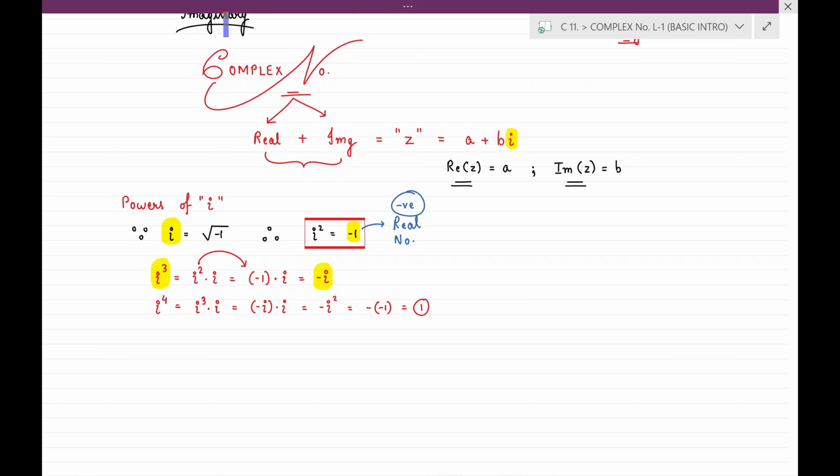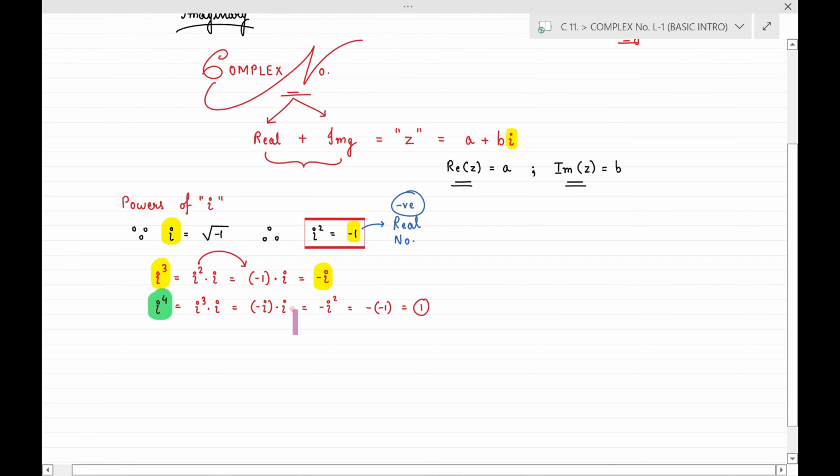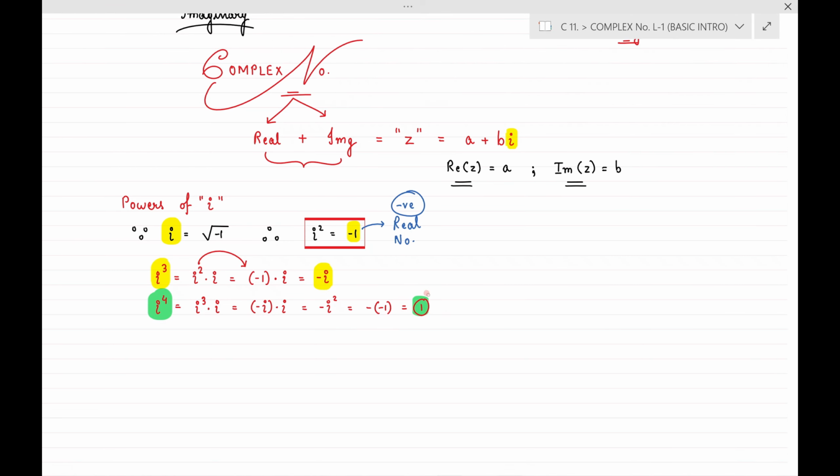But when you observe this iota to the power 4, iota to the power 4 gives us 1. And this 1 is a positive real number.